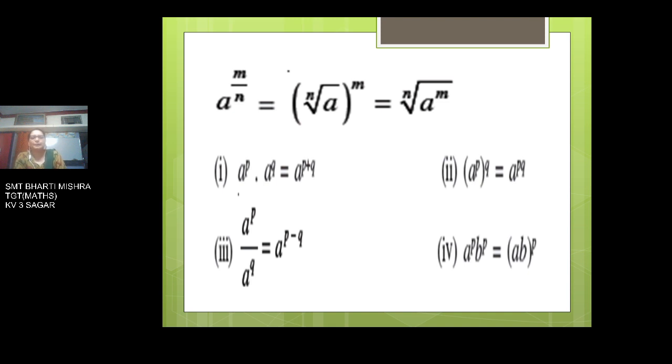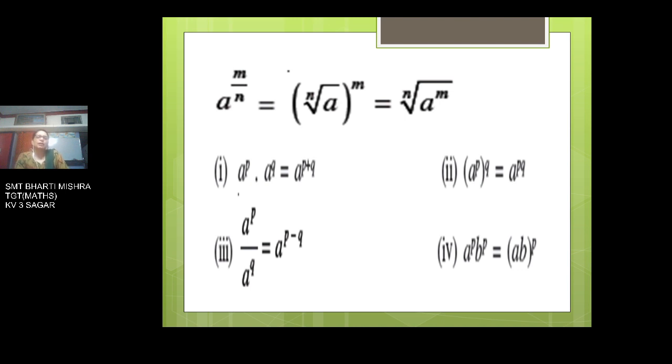Now look here. Some more laws, that is a to the power m upon n is equal to nth root of a whole to the power m. This property will be used when you are studying logarithms in the higher classes. Similarly, this can also be written as nth root of a to the power m.